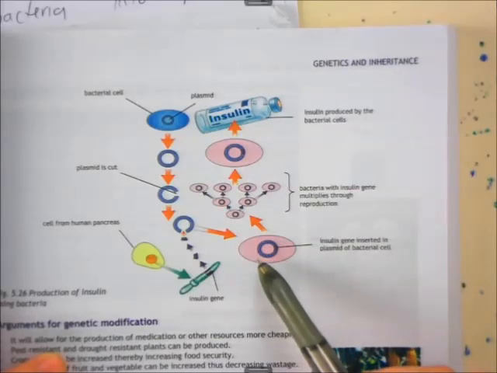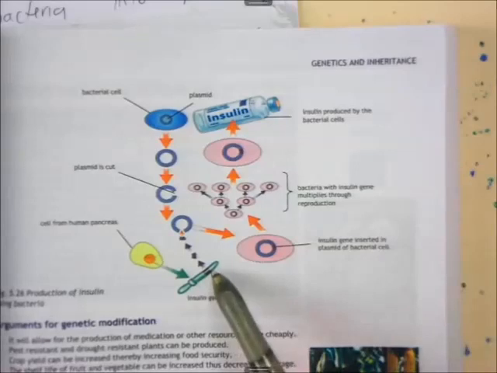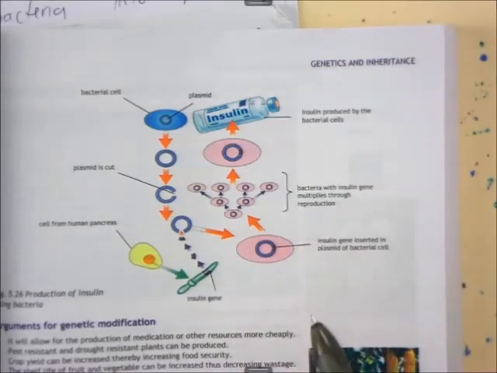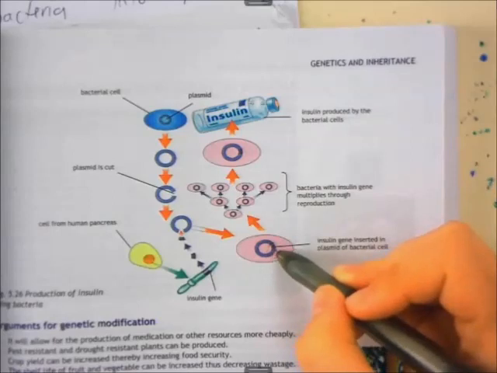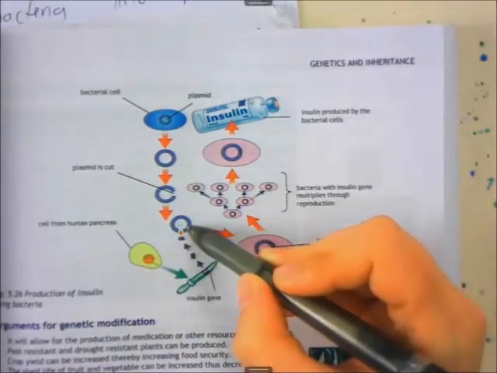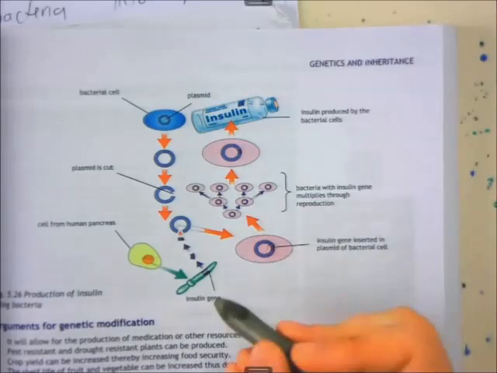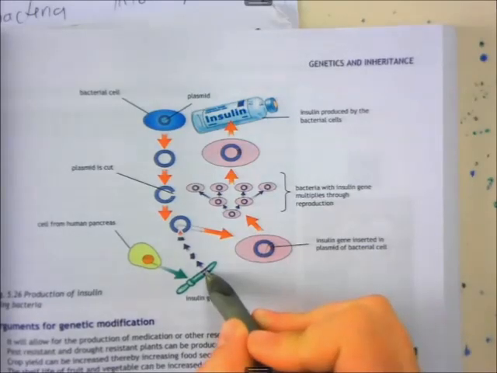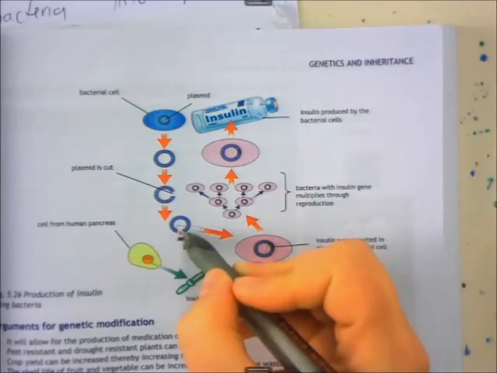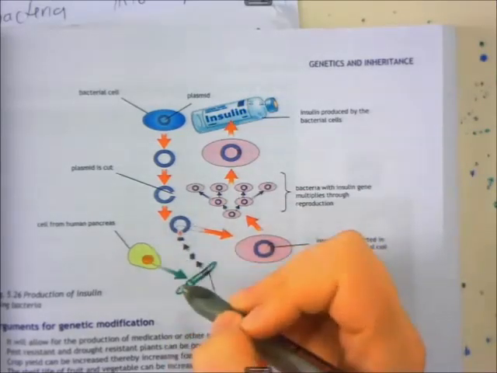It's a fairly simplified version of what happens. But you remove the gene for insulin from a human sample. Using restriction enzymes, you actually remove a section of the plasmid, and you insert whatever it is you want this bacteria to code for into its plasmid, which is a ring of DNA.